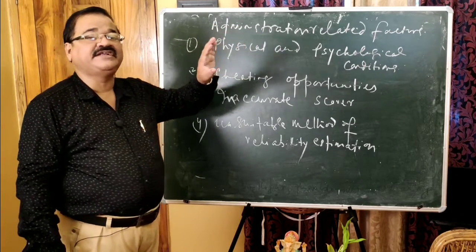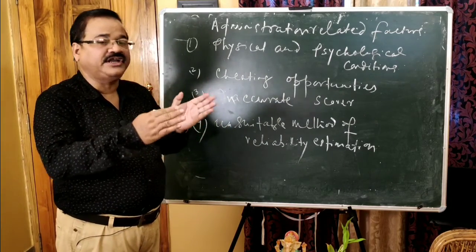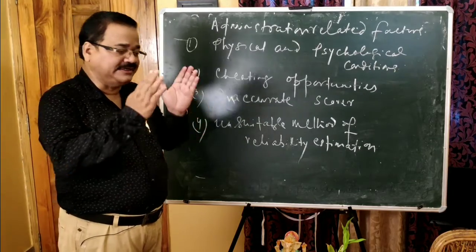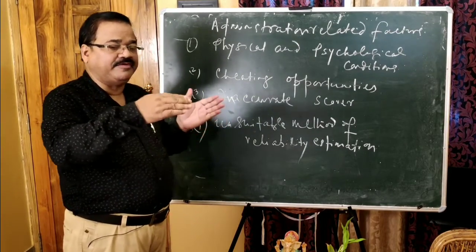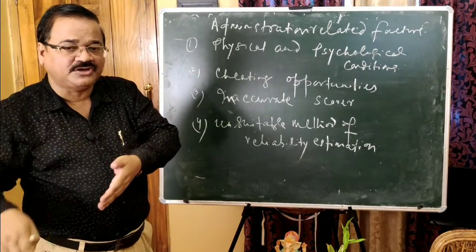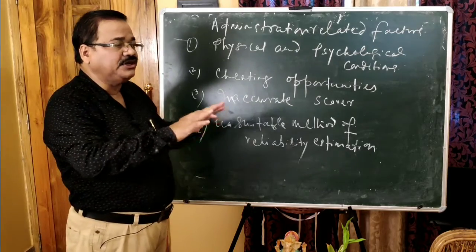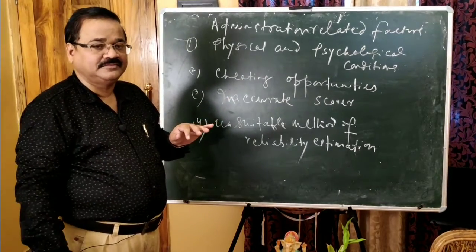When the test is administered, supposing to ascertain reliability, the test is administered once, and after an interval the same test is administered a second time. Both the conditions of administration should be identical.